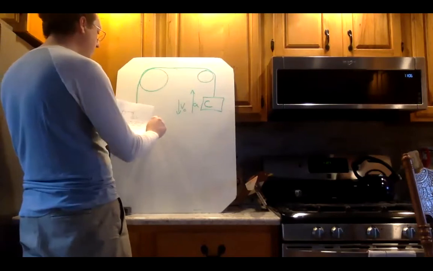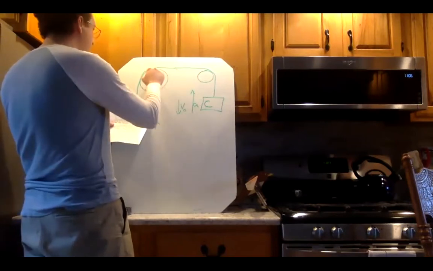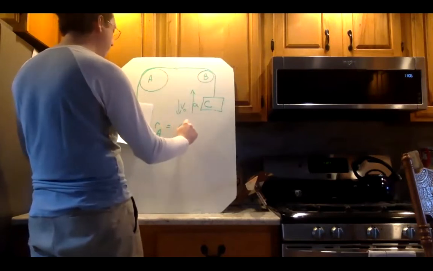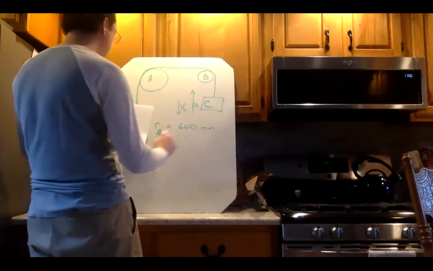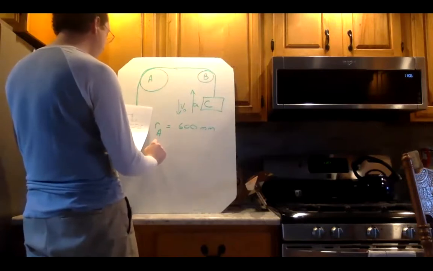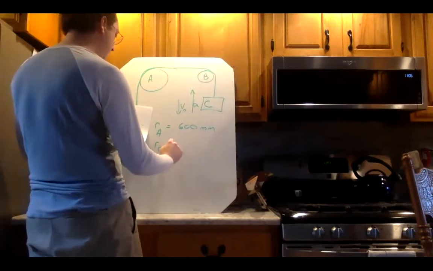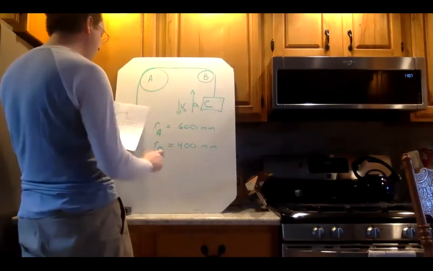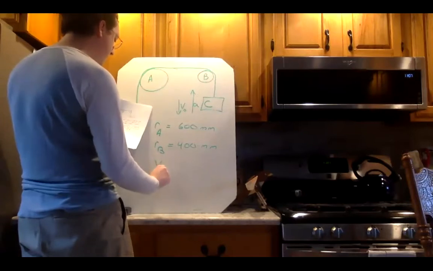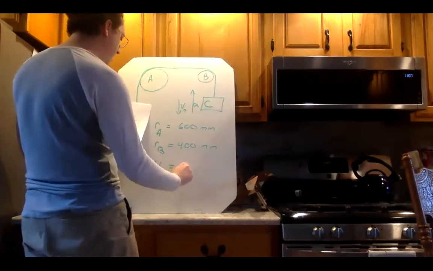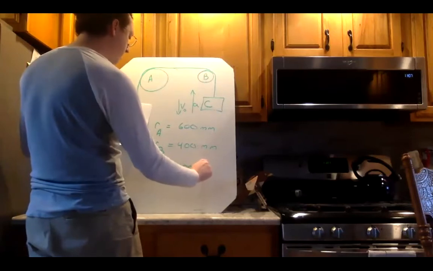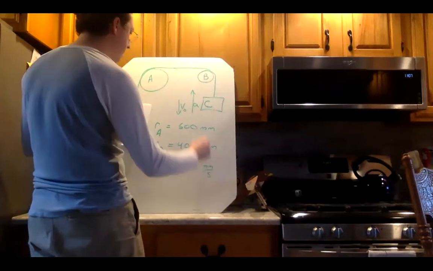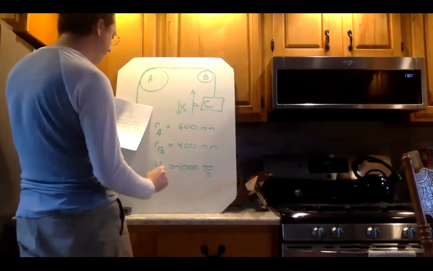This is pulley A, and this is pulley B. The radius of A is 600 millimeters, and the radius of B is 400 millimeters, and VC initial is 1,000 millimeters per second down, so it's actually negative 1,000.